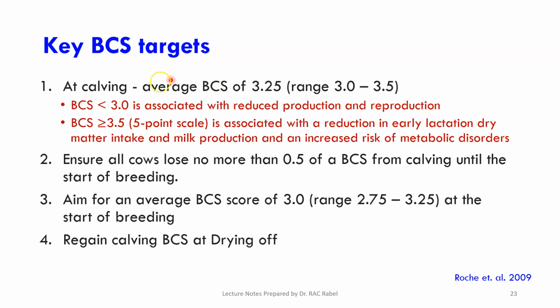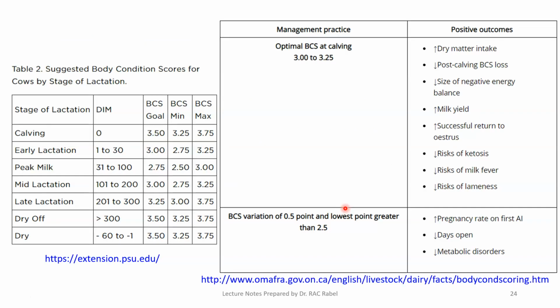Read up on this, and you will also see that different countries recommend different ranges. The generally accepted one in the Australia New Zealand region is 3.25 at the point of calving. But if you look at the US documents, it's slightly different. US documents are about 0.25 higher than that.